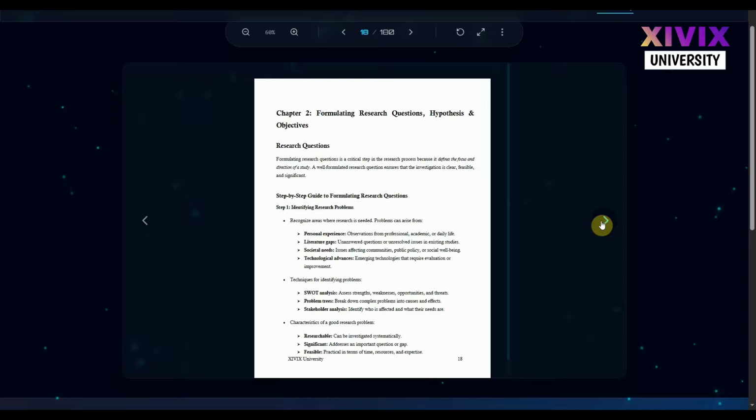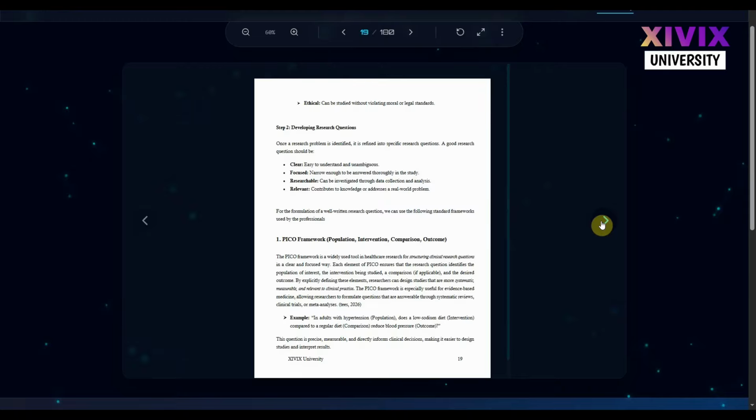It addresses an important question or a gap where research is much needed. And feasibility. It has to be practical enough to test in terms of time, resources, and expertise. And also it has to be ethical, which means the researcher must be able to study without violating morals or legal standards. Using those steps, you can identify your problems.